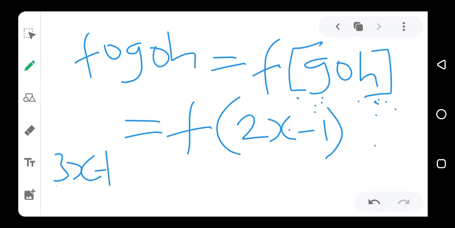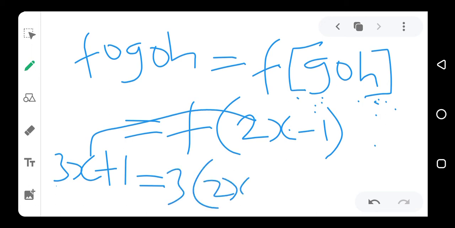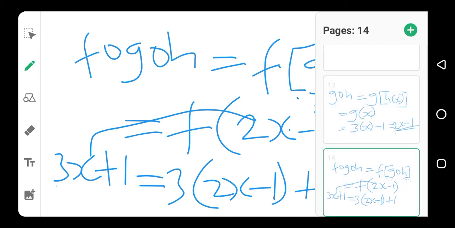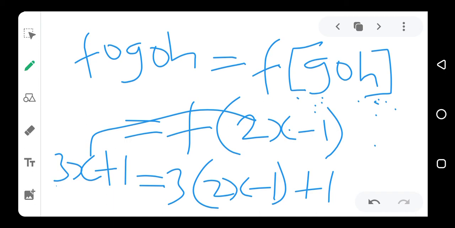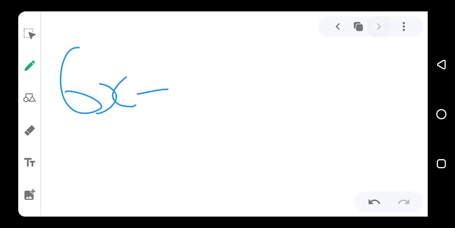For this x, we replace it with this, so it becomes 3 bracket 2x minus 1, then plus 1. Now 3 times 2x gives us 6x, then minus 3, 3 times 1 is minus 3, then plus 1.